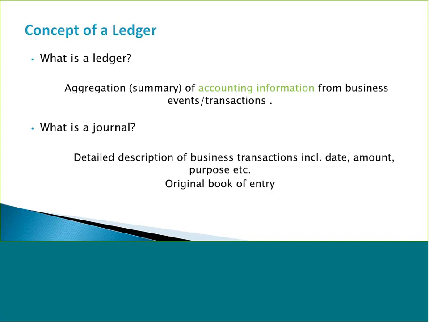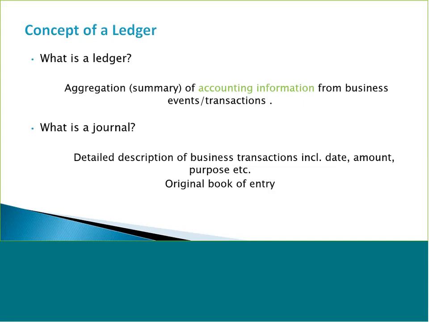In fact, a journal is referred to as the original book of entry, because this is where, when the business transaction first takes place, this is where the first recording of this event is done. It is done using a journal.